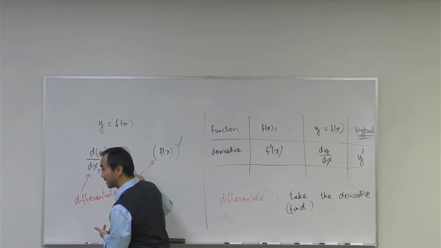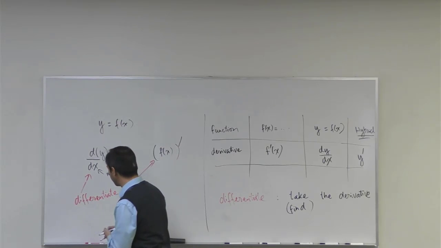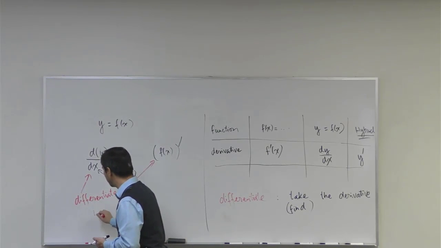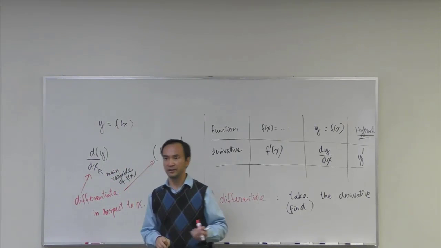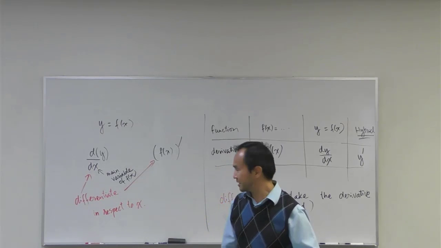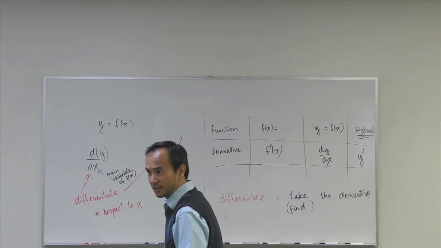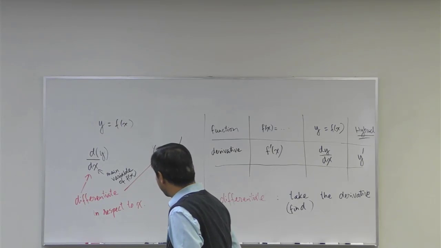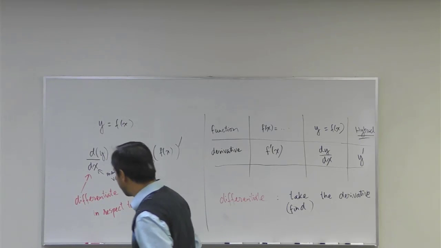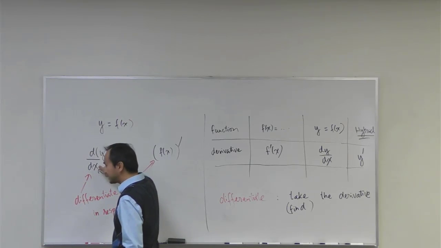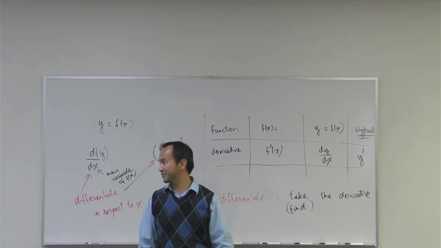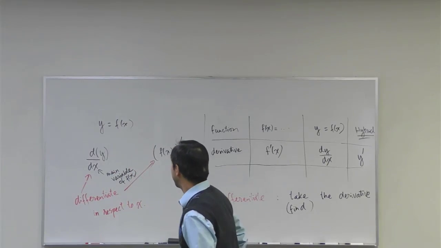Precisely speaking, differentiate with respect to x. Sorry for a bit of a theoretical, language-based thing here, but it will make sense later. So the dx in the denominator indicates that we're taking x as the main variable.